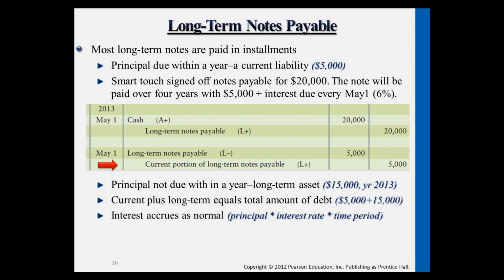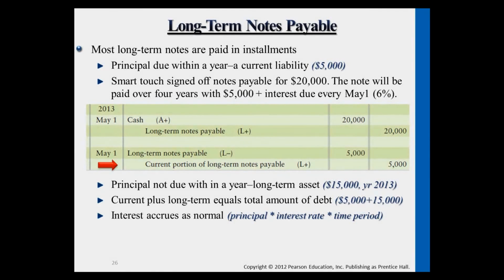May 1st, we have June, July, August, September, October, November, December. We have 8 months of interest, right? Starting from May 1st all the way to December 31st. So remember, this is a long-term note, so it's not due until 5 years later. But since we're paying by installments, meaning part of it, principal amount, $5,000, we're paying it, but also we are paying interest amount.